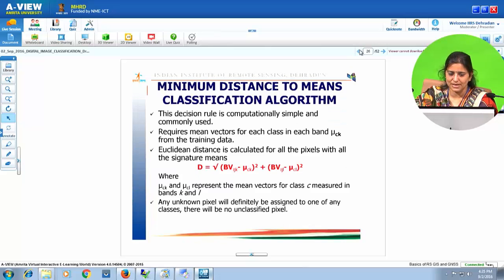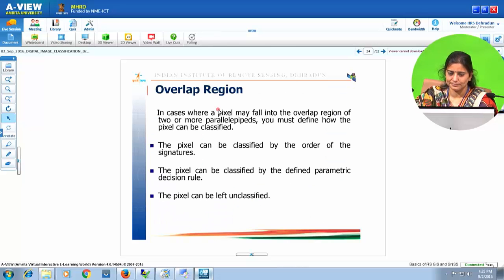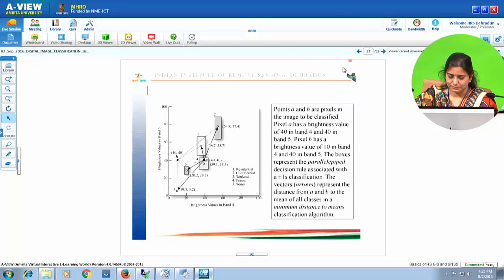So, for the same example, if we see these 5 class means, then here A, if we are classifying it using the minimum distance to means classification algorithm, the distance between A and the mean of class 4 is minimum, so A would definitely be assigned to class 4.